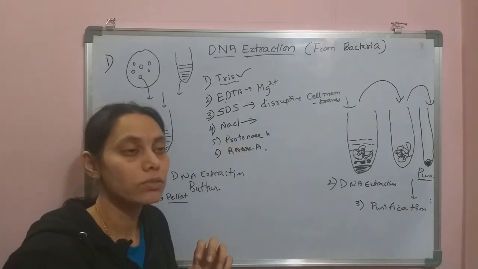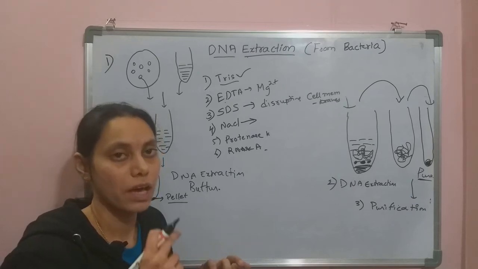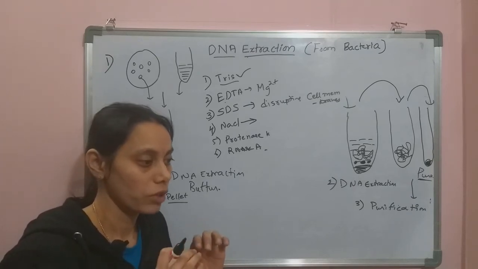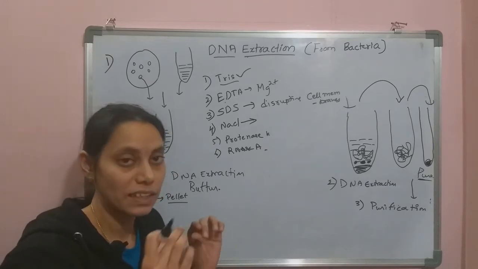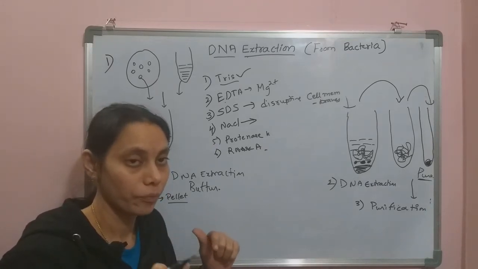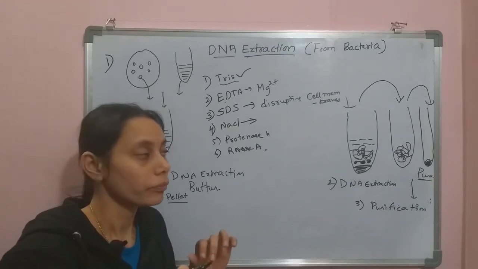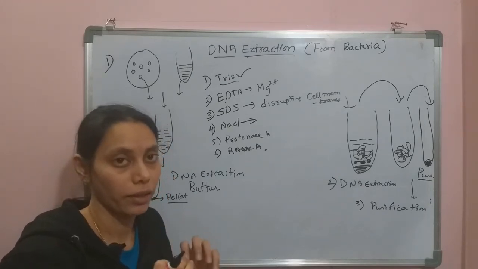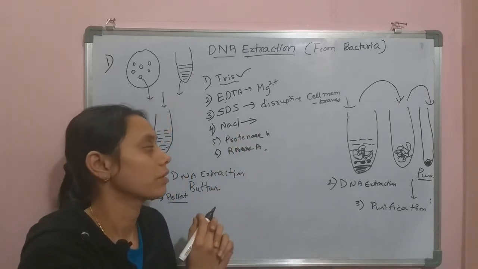These positive ions can neutralize the negative charges around the DNA, and it forms a shell structure, so that the DNA will be linear, will not be supercoiled, but will be in a protected form. So that is the function of NaCl.